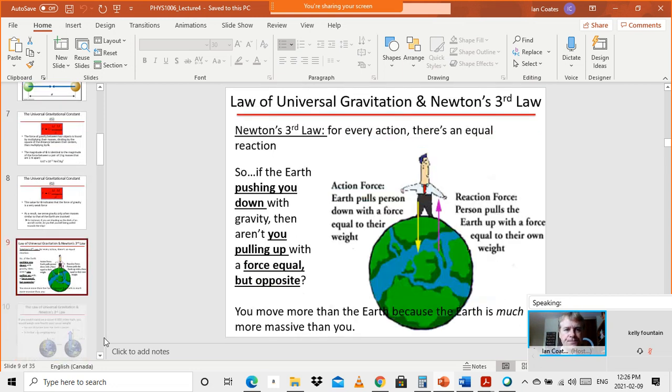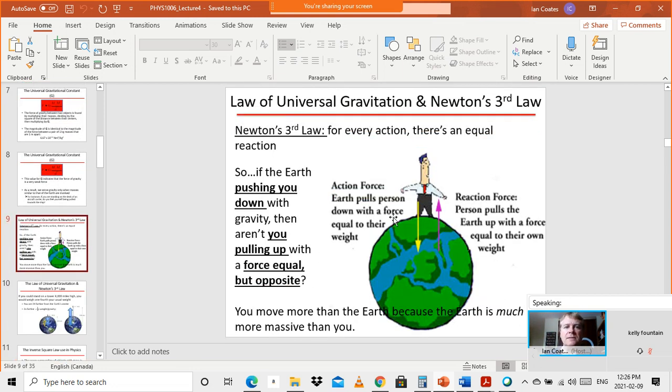Have a look here. Law of universal gravitation and Newton's third law. Newton's third law: for every action, there's an opposite and equal reaction. I'm reading right here.